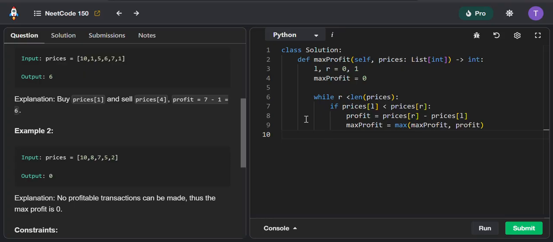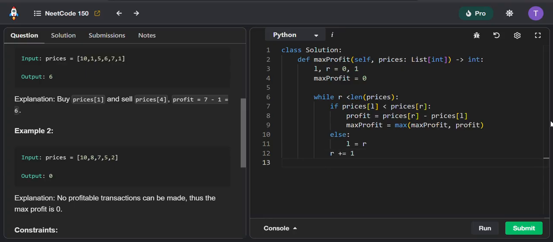In the case where the price at the left index is not smaller than the price at the right index, we're just going to set the left index to the position of the right index. After this, we want to increase the right index by 1.